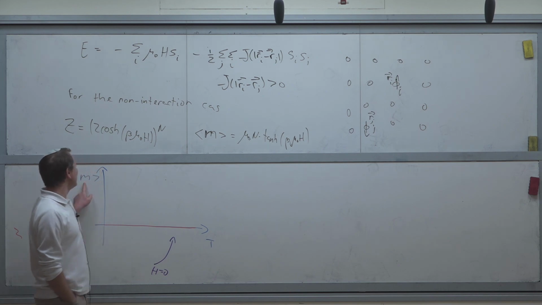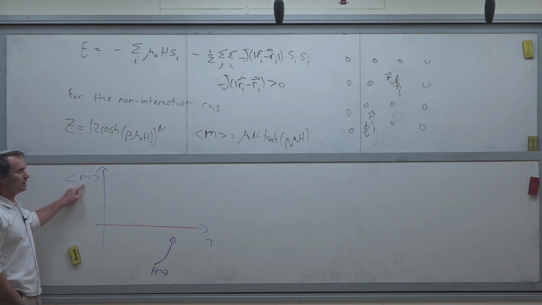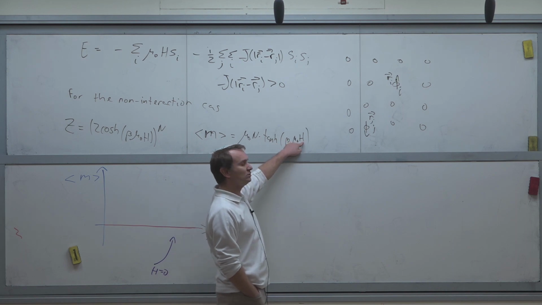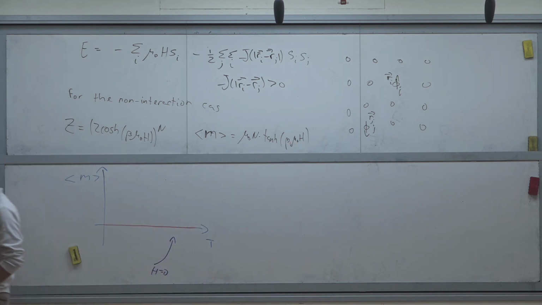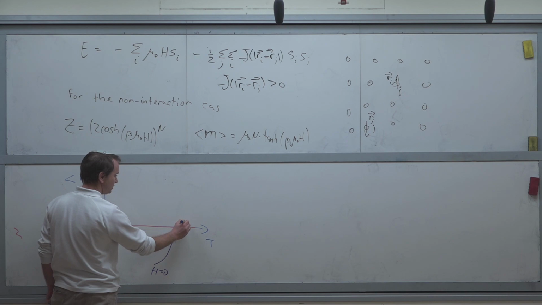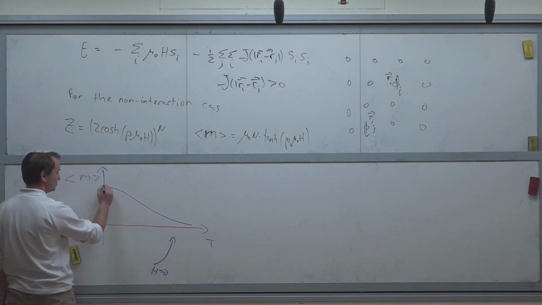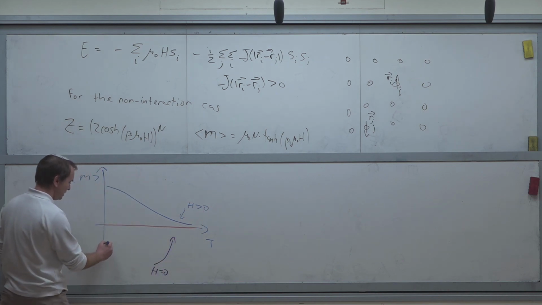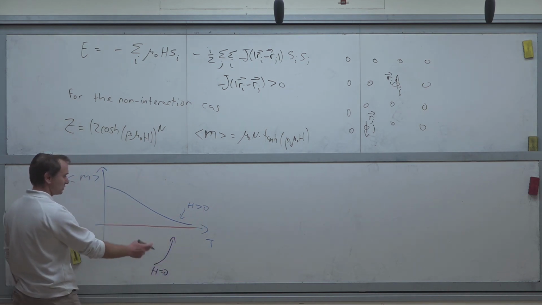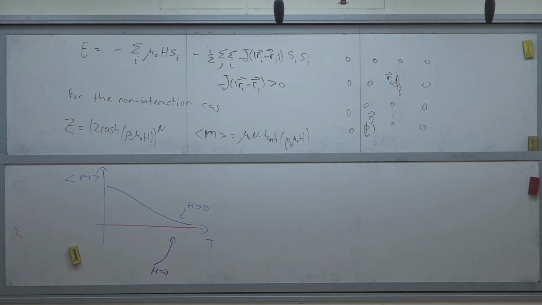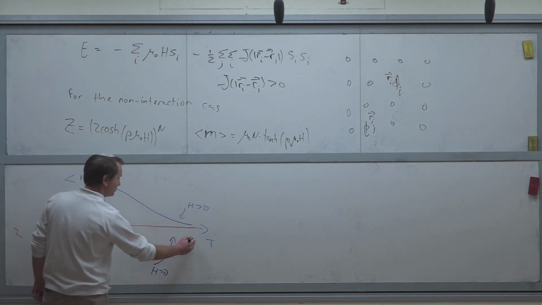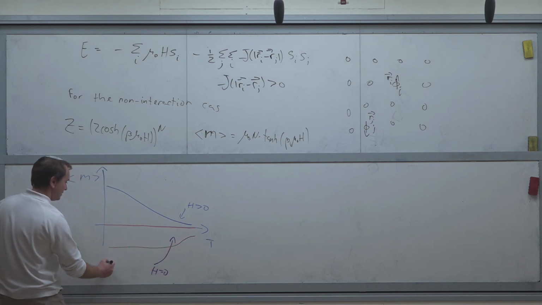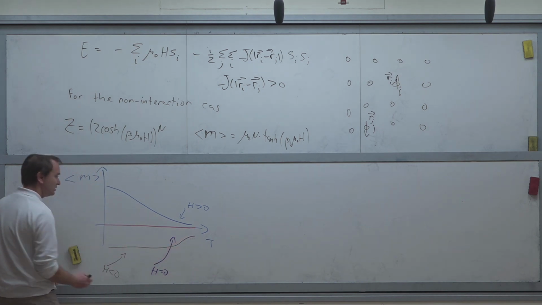We would observe a non-zero magnetization when the external field is non-zero. So this is H equals 0. We will have something that looks like this for H greater than 0, and something that looks negative for H smaller than 0.